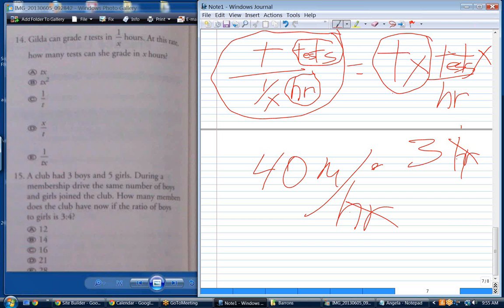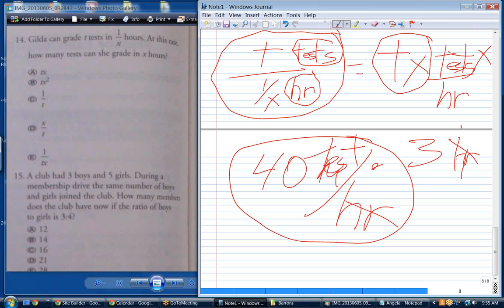Tx is my rate of grading. It's like my rate of driving. It's very similar to being able to go 40 miles an hour, only I can do 40 tests per hour. Only in this case, I can do T times X tests per hour.